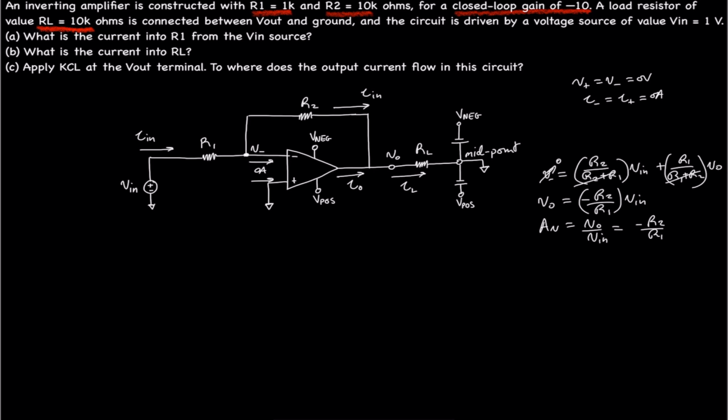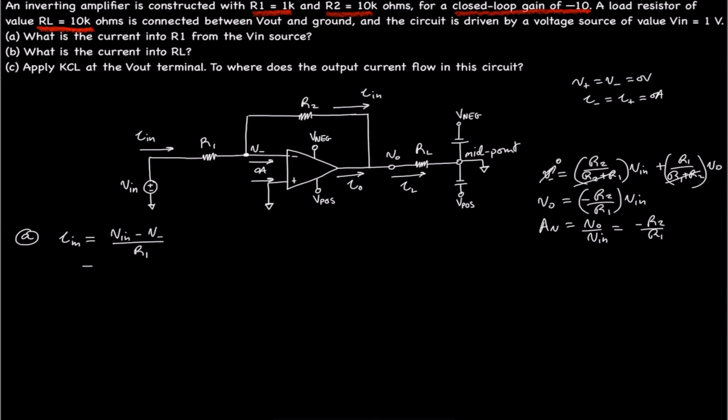So we find the voltage across R1 using KCL. Iin is equal to the voltage across R1 divided by R1, which gives us current. So we can say Vin minus V minus, divided by R1.